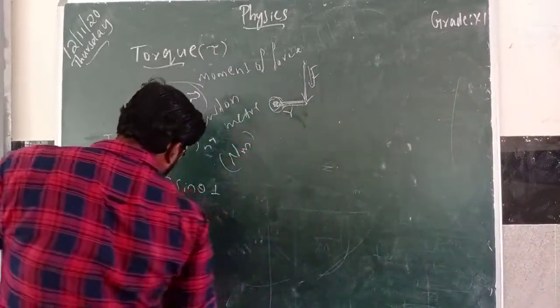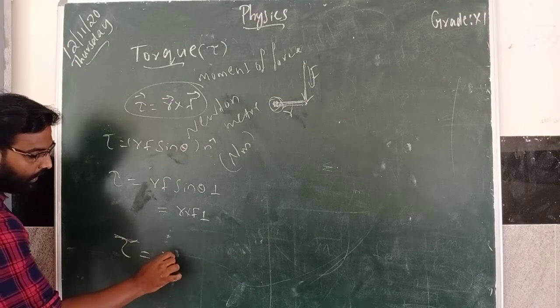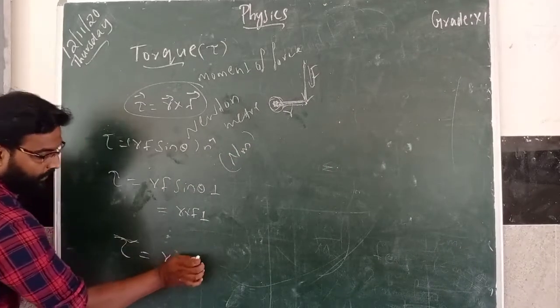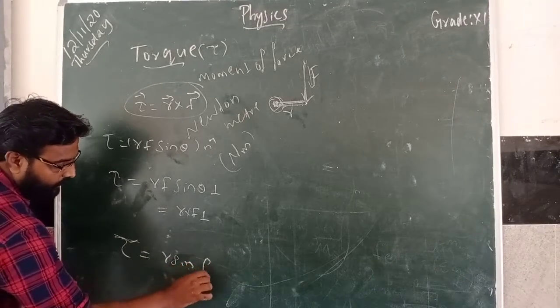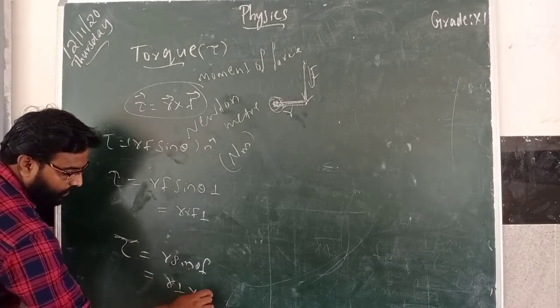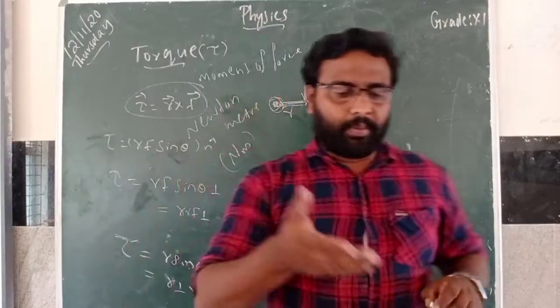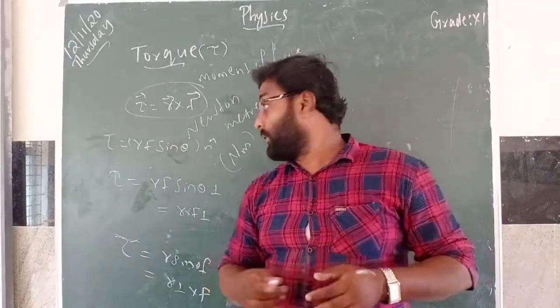Now you can use this formula. The same formula you can use, R perpendicular, R sin theta F. So R perpendicular cross F you can use. Here in page number 218 these formulas are given.